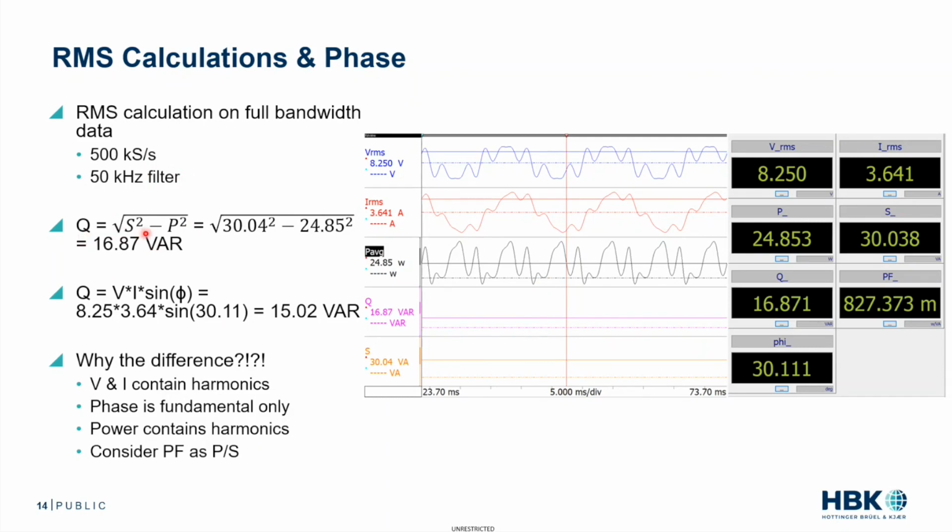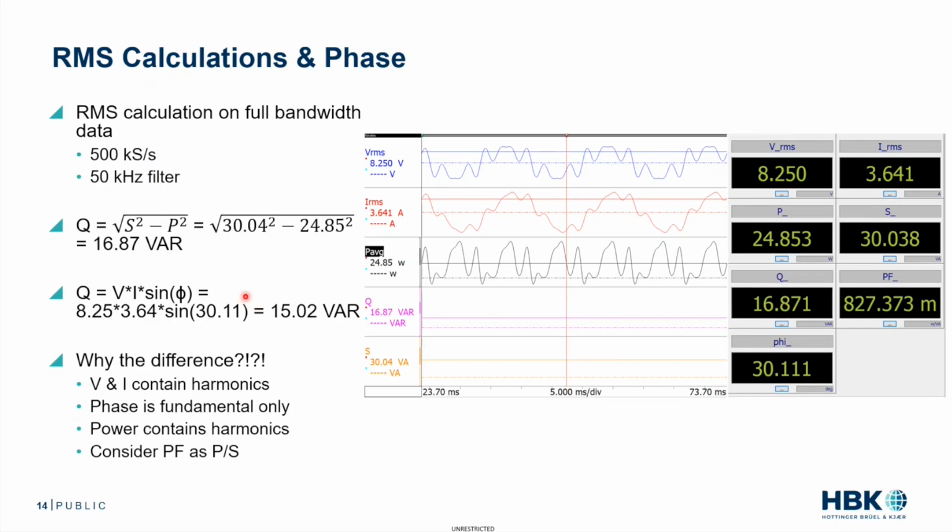And we go through the math, which is S equals V times I, RMS voltage times RMS current. We get 30. We take our power, which is instantaneous voltage times current averaged over a period. And we get Q by taking the Pythagorean difference of that to get 16.87 var. That's what we're measuring in this example.